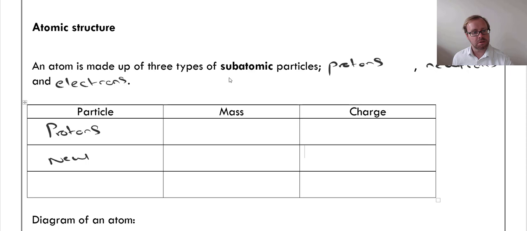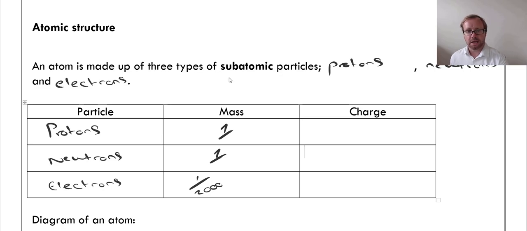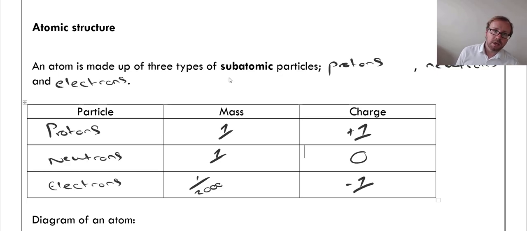So protons, neutrons, and electrons, with our masses of 1, 1, and 1 over 2000. Our charges, positive 1, 0, and negative 1.